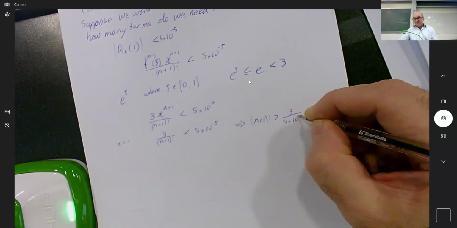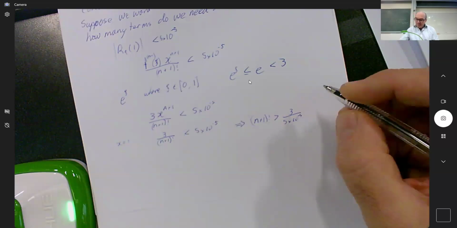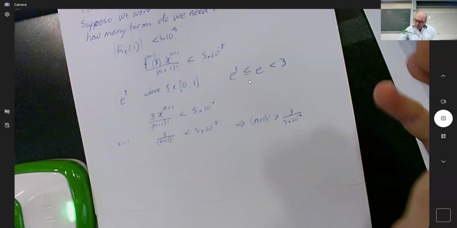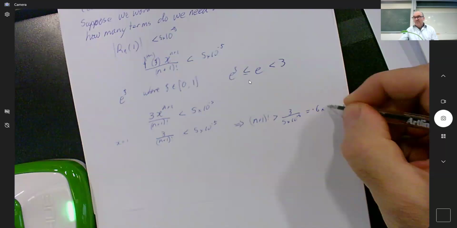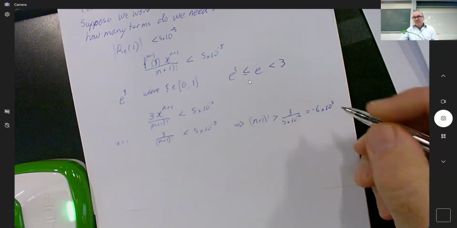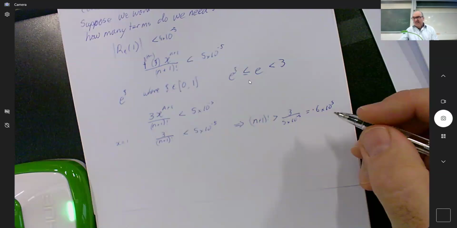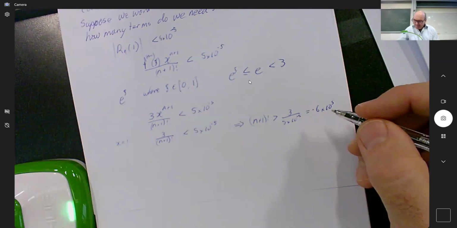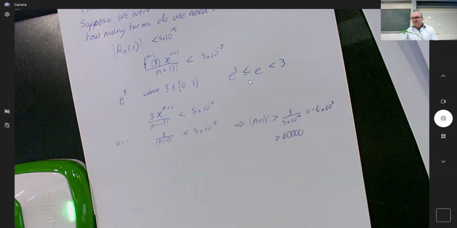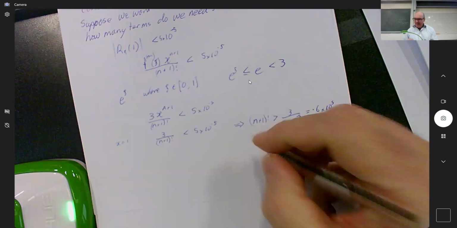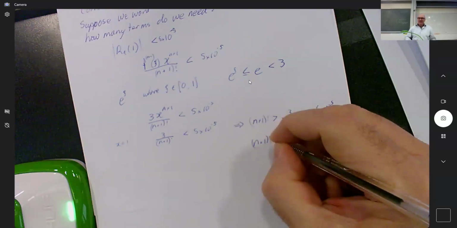All right. So this number is like 0.6 times 10 to the 5, which is 6 by 10 to the 4. This is like 6,000. Yeah, no, 60,000. Sweet. Hang on, 10 to the 5 is, yeah, that's right. Yep, good. 60,000 is what n plus 1 factorial must exceed. Okay, and so there is a clear choice of n.